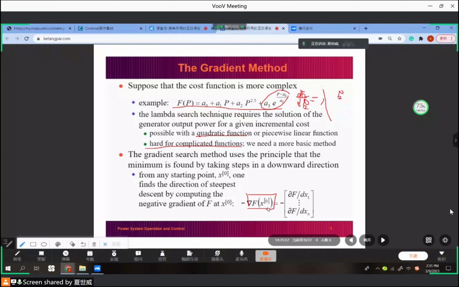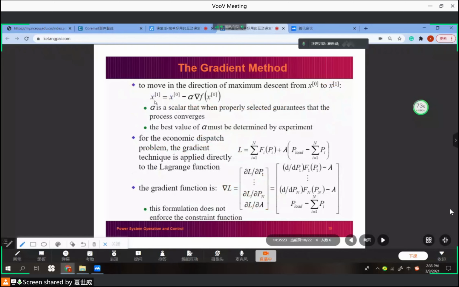Then you use this first order derivative to update x. How to update x? The x1 equals x0 minus the first order derivative of f multiplied by a constant factor. Alpha is a scalar or constant factor that, when properly selected, guarantees the procedure converges. The best value of alpha must be determined by experiment.